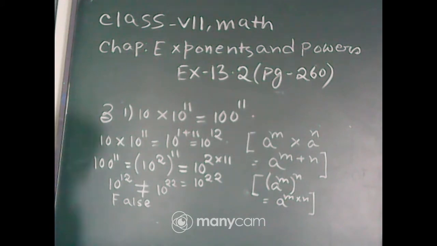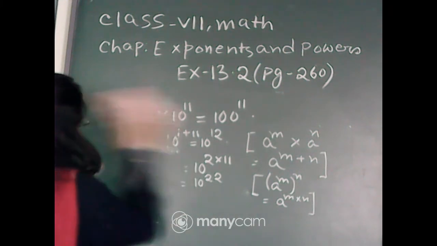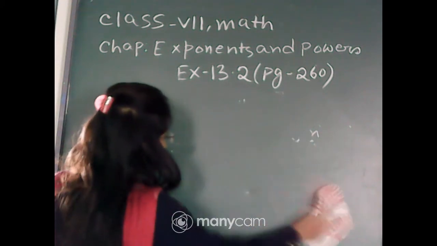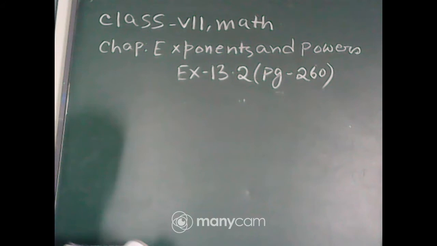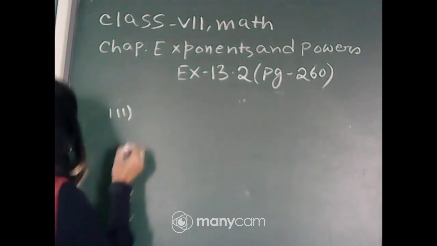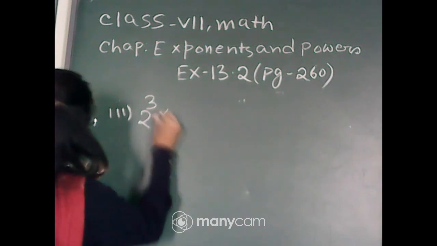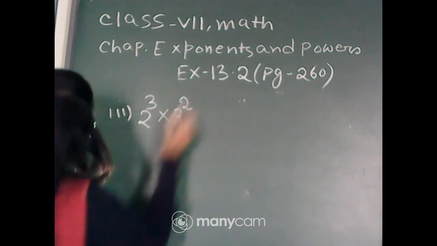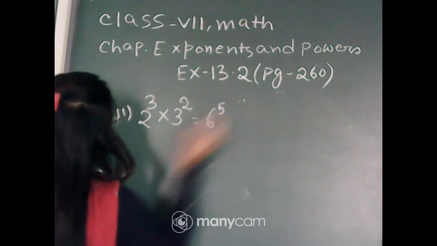Clear? Next, question number 3 of 3. Here it is given that 2 cube into 3 square is equal to 6 to the power 5.